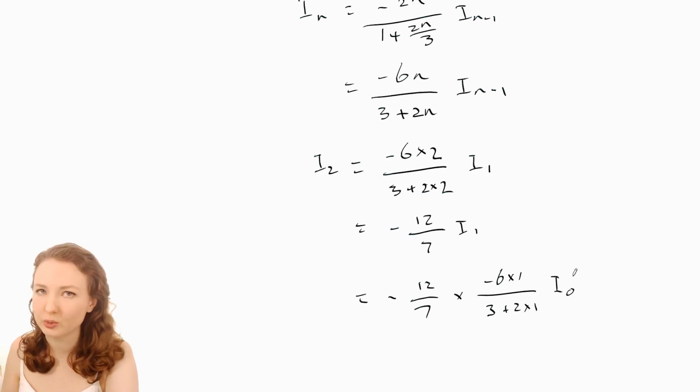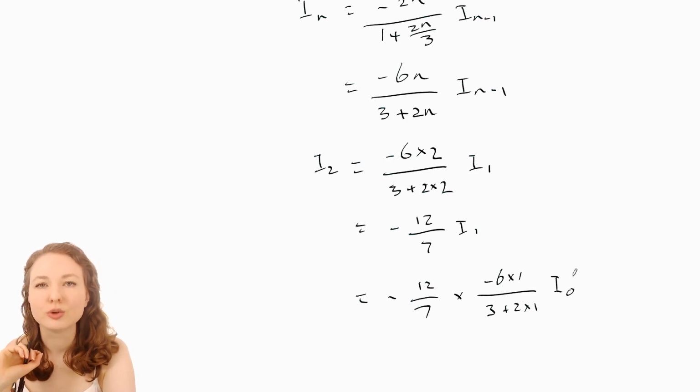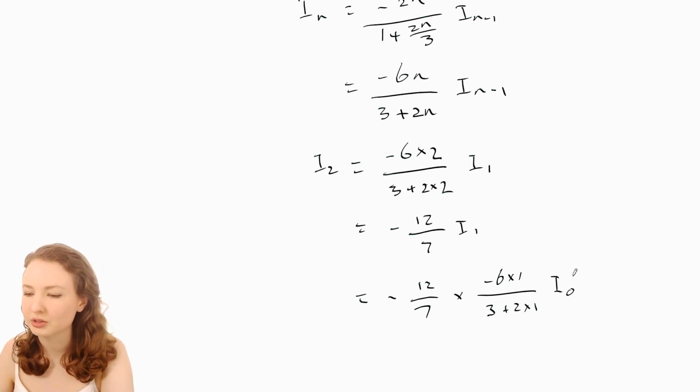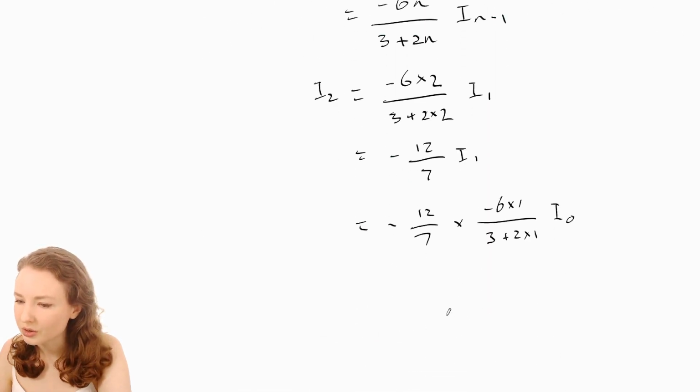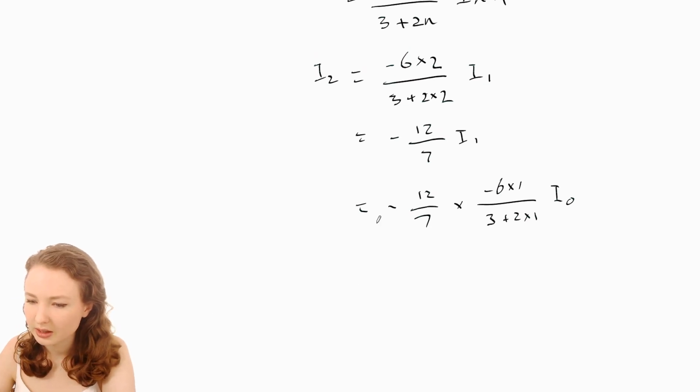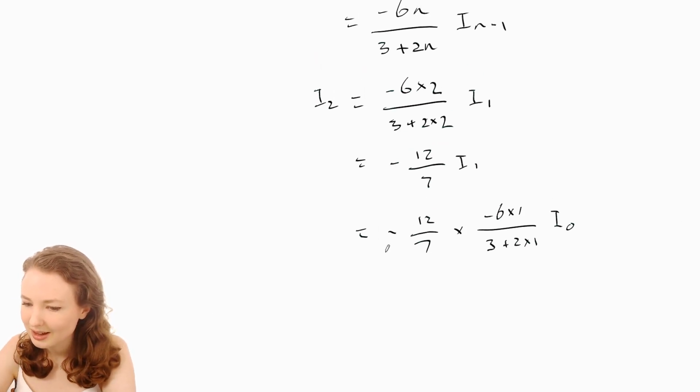Now I0 we can work out because that's just the integral of x to the 0 times root x plus 3, which is just the integral of root x plus 3, which we actually worked out already when we were doing the integration by parts. So we can say that those negatives cancel.